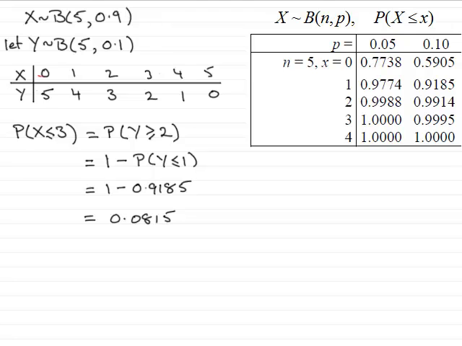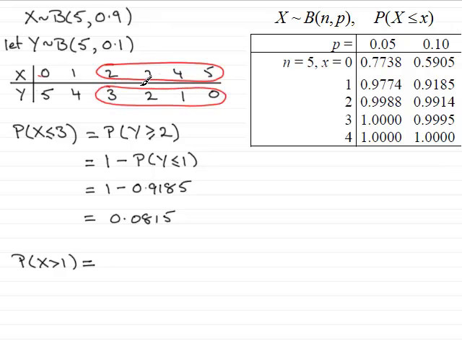So let's try another one. Suppose we're asked to work out the probability that x was greater than a value, say 1. What would this be the same as? Well, if we want to have x being greater than 1, we'd be interested in these values, 2, 3, 4 and 5. So what would the equivalent y values be? They'll be these ones down here. They would be the values of y being less than or equal to 3.